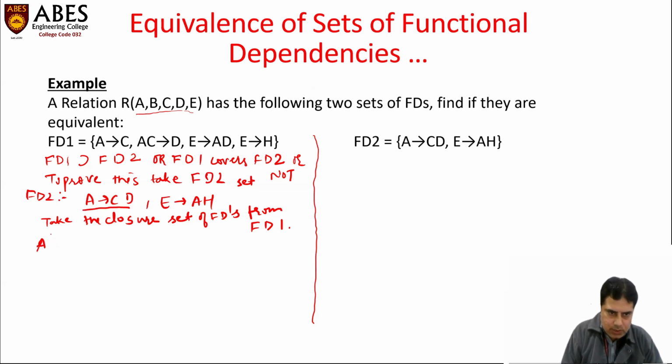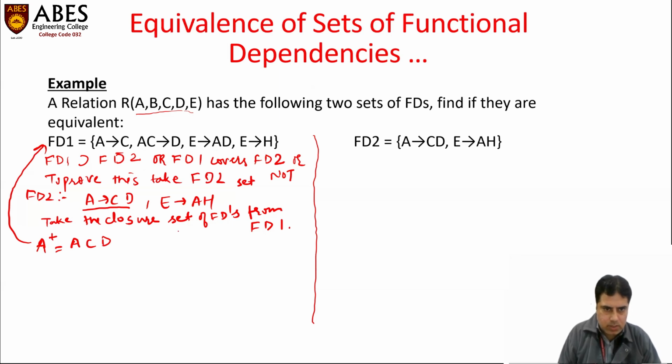Now take the closure set of A. How to determine the closure set? We have already studied that in the previous video. Now the closure of A, we have to determine from FD1. From FD1, we can determine A to A, then A to C, then AC to D. E to AD and E to H are not determined.